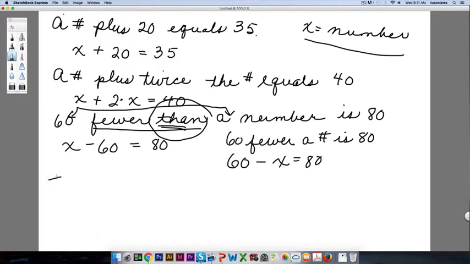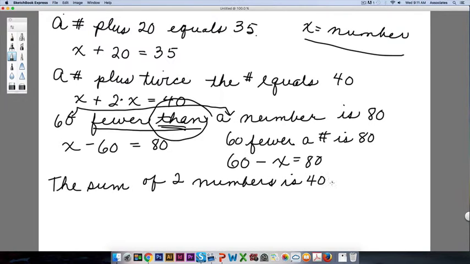All right, the last one says the sum of two numbers is 40. It said one number is 10 greater than, or larger than, the other.